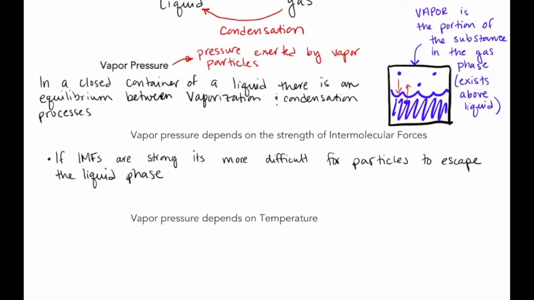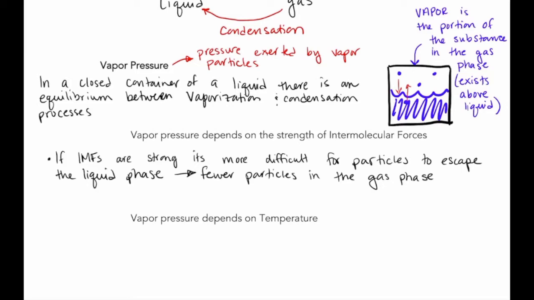And that escape is necessary for it to go into the gas phase. So with stronger IMFs, we're going to see fewer particles in the gas phase, or in the vapor, right?